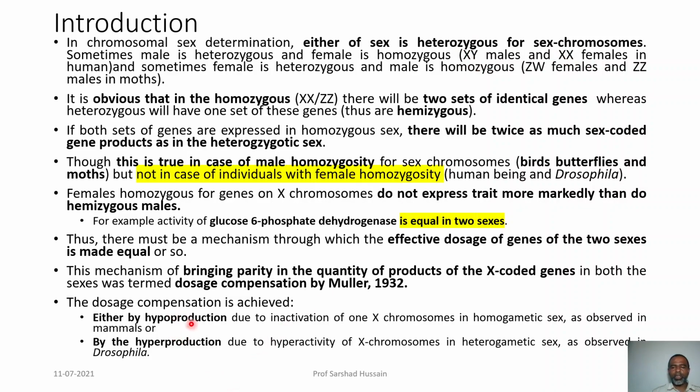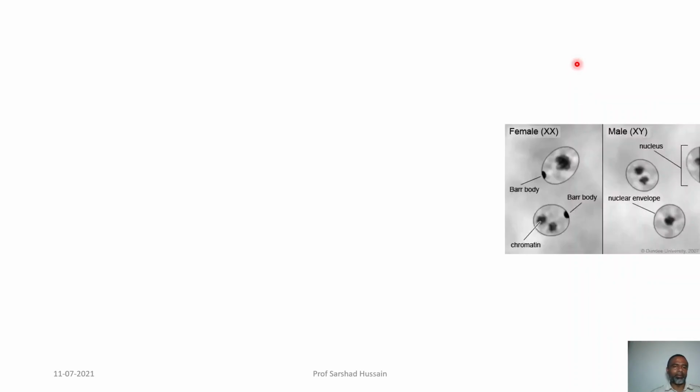Hypoproduction is achieved in human beings and mammals, whereas hyperproduction is achieved in Drosophila. So, you have both mechanisms for dosage compensation. In one of them, the X chromosome has hyperactivity and produces double the amount of product, whereas in the other case it is the hypoactivity of one of the X chromosomes in the females.